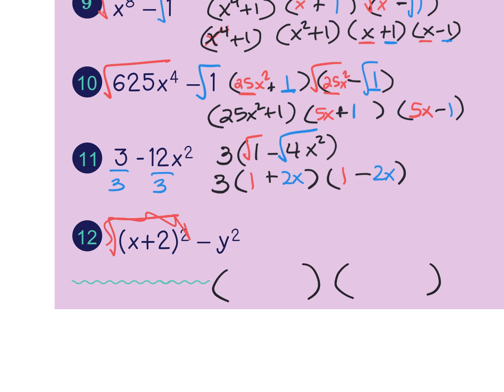So the square root of x plus 2 squared is just x plus 2. So that's what I'm going to write here and here. And then now I'm going to square root the y squared. Again, remember one gets a plus sign, one's a minus. And then in here you're going to fill in a y and a y. And you're done.